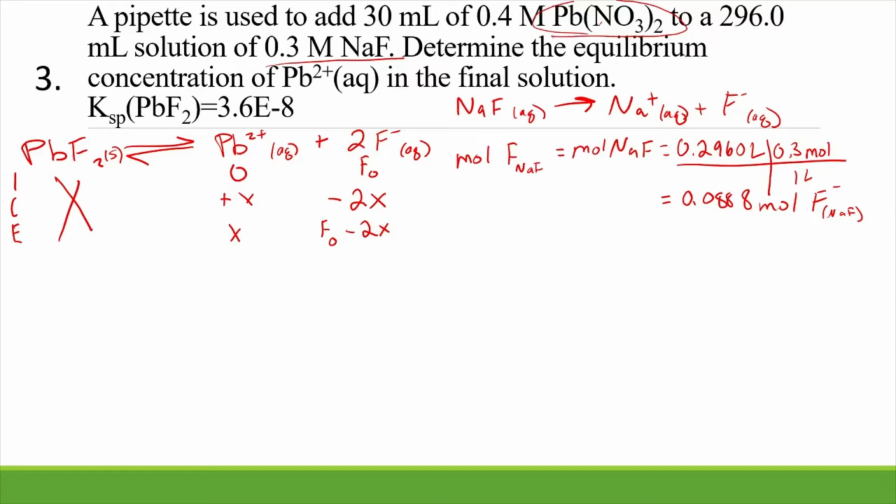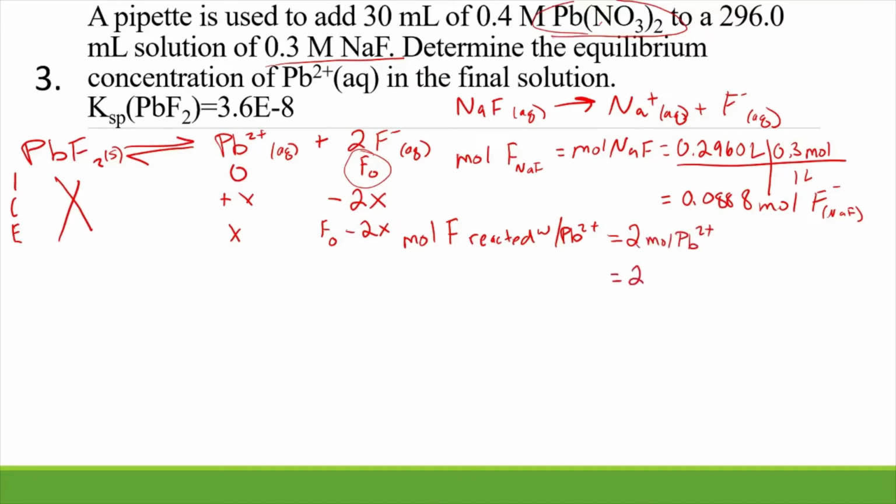Then the amount of fluoride that's reacting with lead 2+, and this is before we're at equilibrium. That's why we don't know this F0, because this is before equilibrium. So we can say moles of F reacted with the lead 2+ is twice our moles of lead.